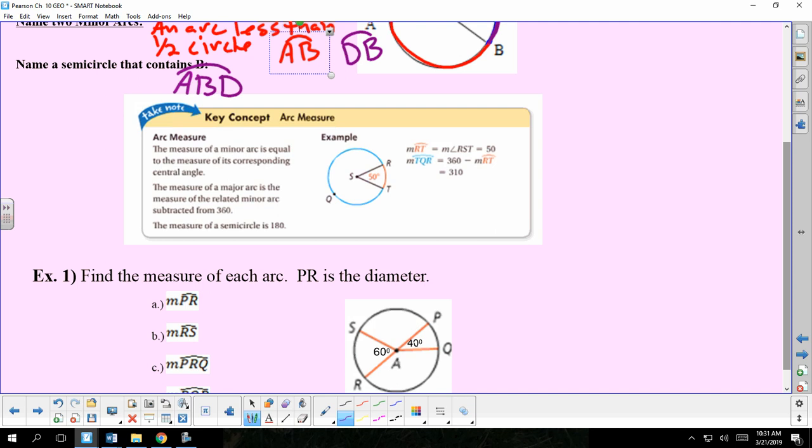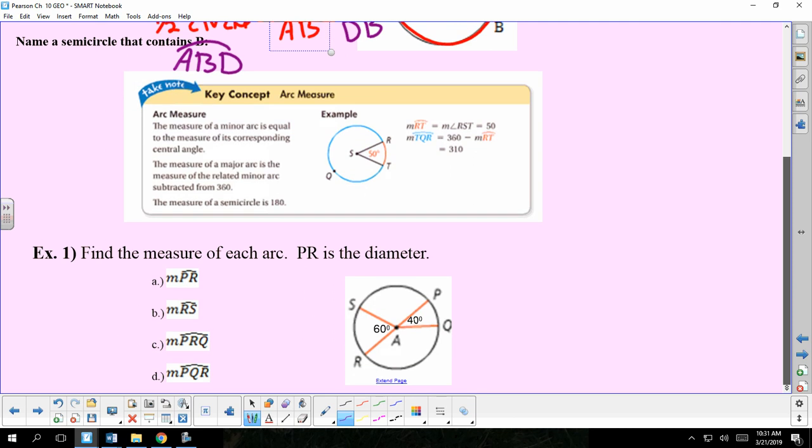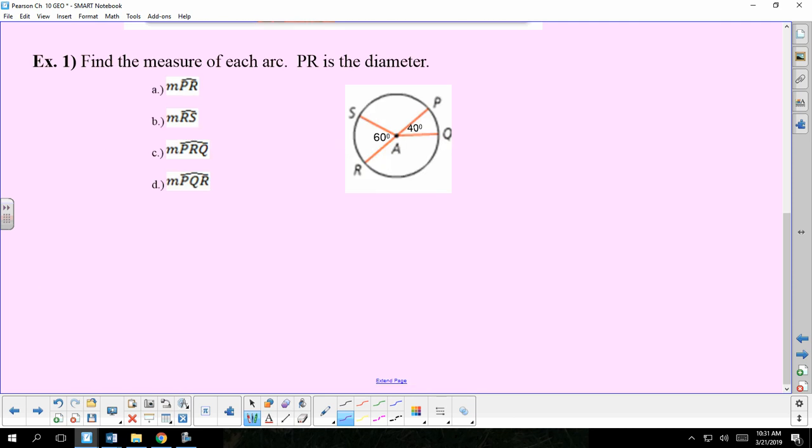The measure of a major arc is 360 minus the measure of the related minor arc. And a semicircle always measures 180 degrees. So see if you can do example 1 down here on your own. I'll give you a couple minutes, and then I'll give you those answers.